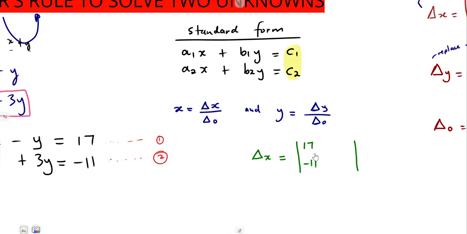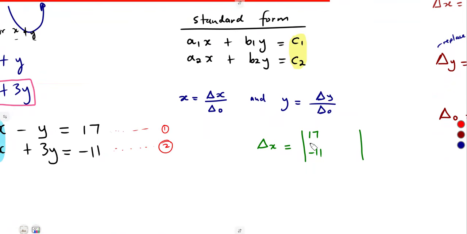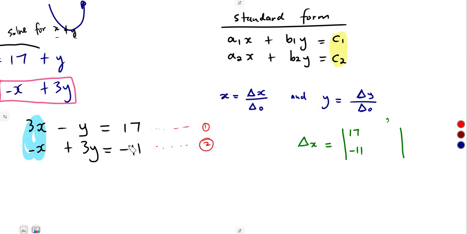So this is the same thing. It is x that was affected, but y is not affected. We're just going to take y as it is, the coefficients. This is the part of y. So we need the coefficient. This is 1 with a negative. So you're talking about what? Minus 1, the coefficient of y. What is the coefficient, the number that is multiplying y?